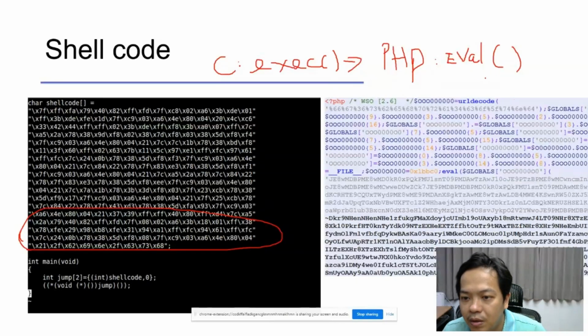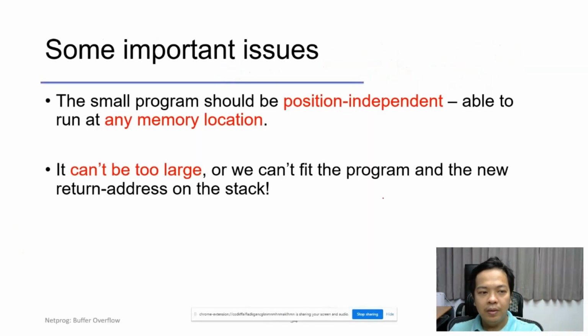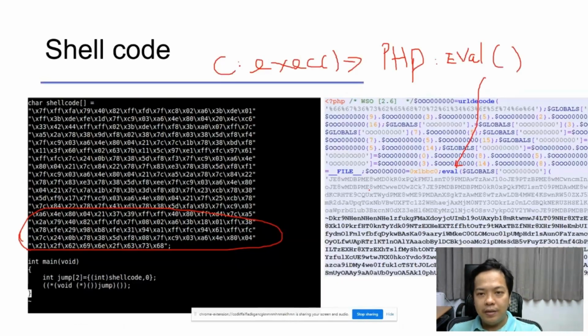You see this one. So they can insert some redundant data over there, and when they put it into an input string, they can execute it.